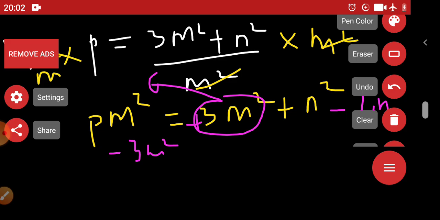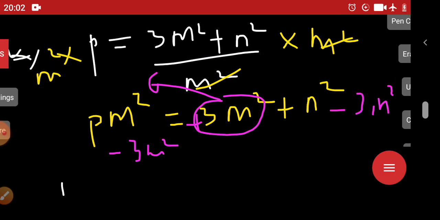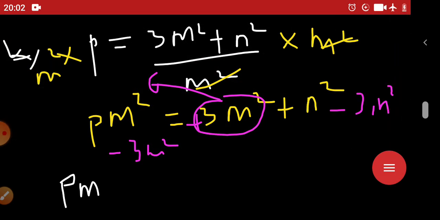If we do that, we have p m squared minus 3m squared is equal to n squared.